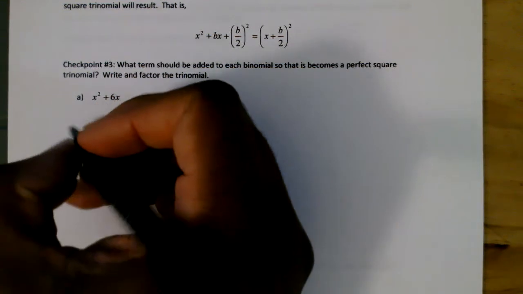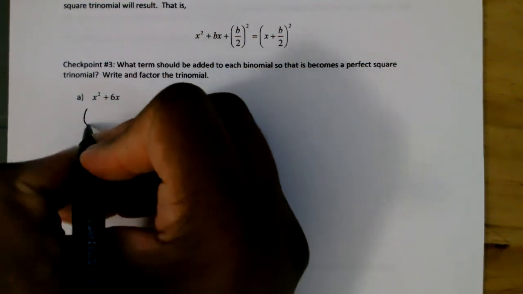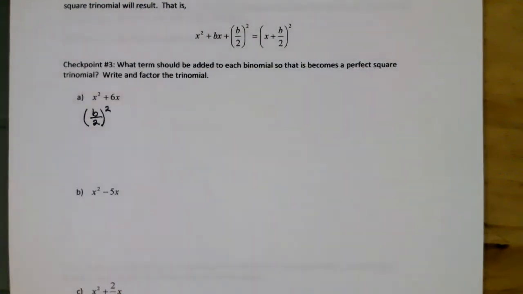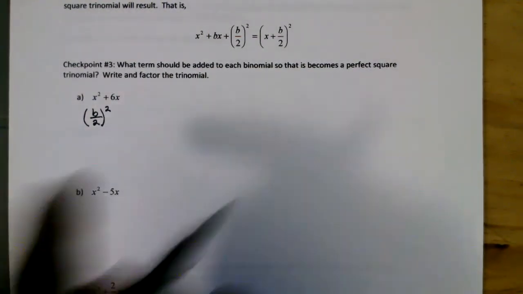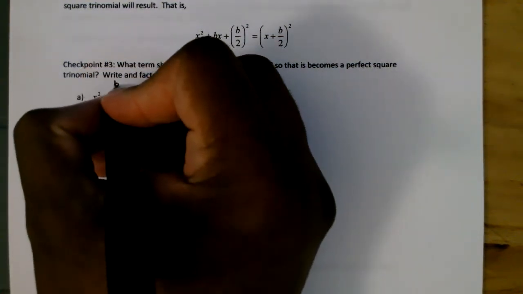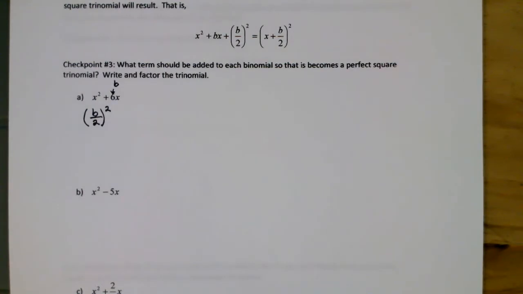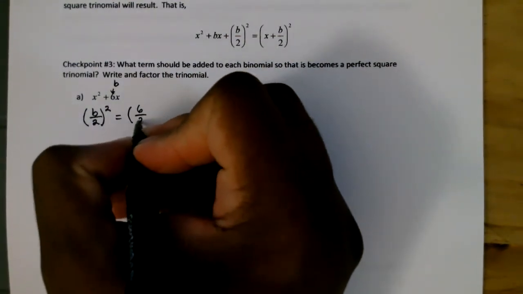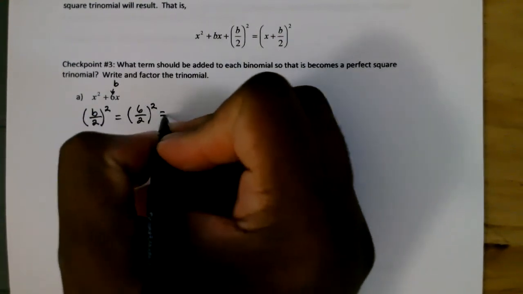So in this case, we have to do b over 2, squared, because that's what we're going to have to add to this binomial. And b in this case is the coefficient of x, that's 6. So this would be 6 divided by 2, squared.